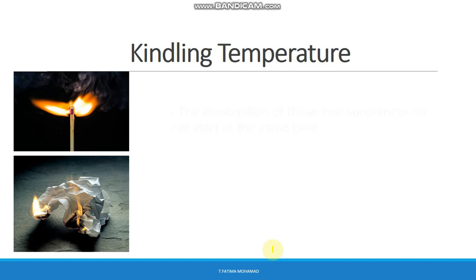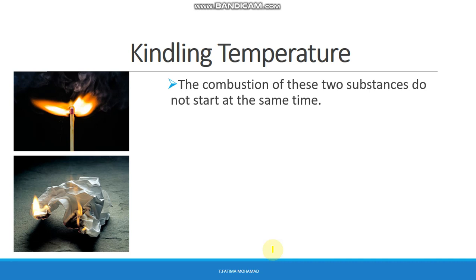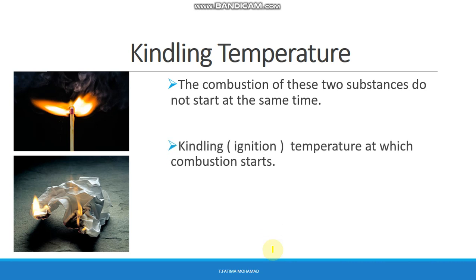Of course not. The combustion of these two substances does not start at the same time because they have different kindling temperatures. The kindling temperature or ignition point is the temperature at which combustion starts, or in other words, the minimum temperature needed to heat a substance, allowing it to burn.